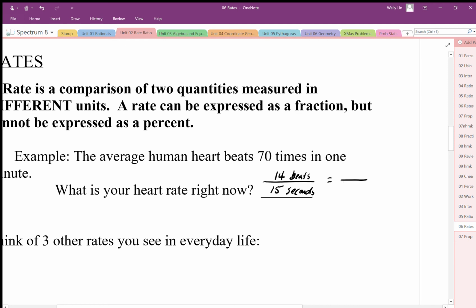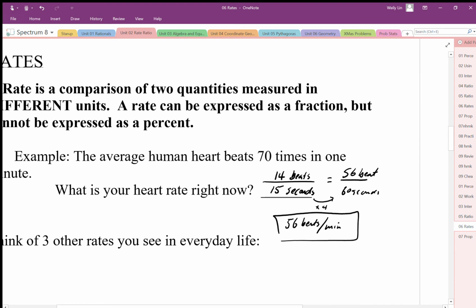So I'm going to multiply my beats by 4, and I'm going to get 56 beats per 60 seconds, which we can convert to 56 beats per minute.